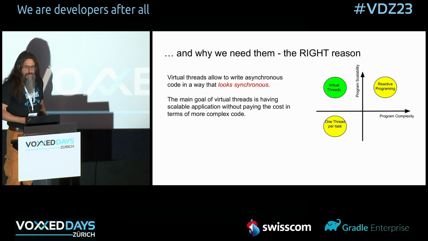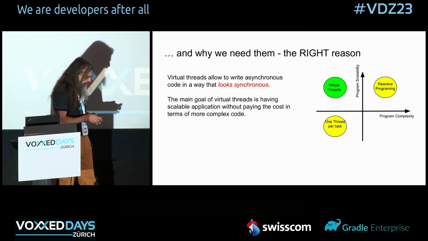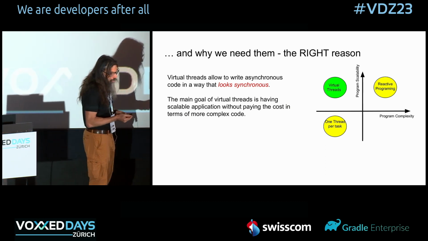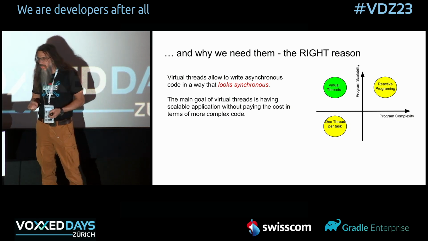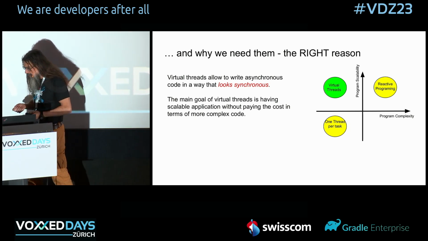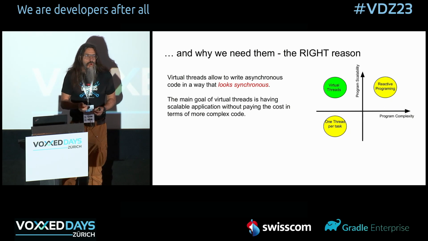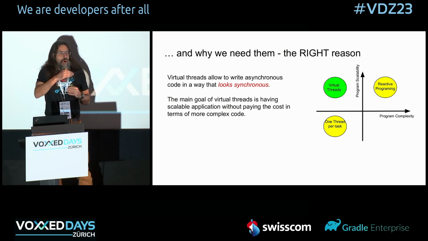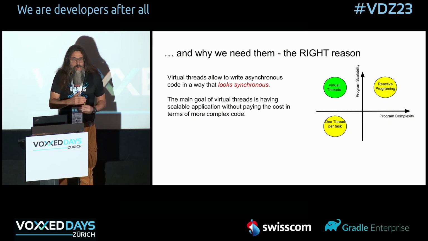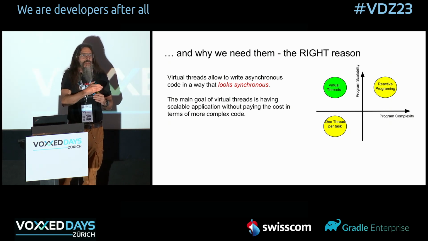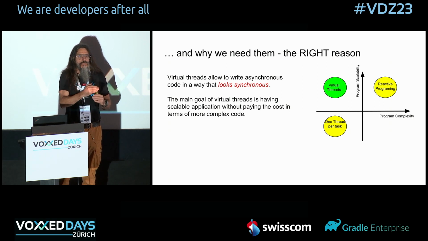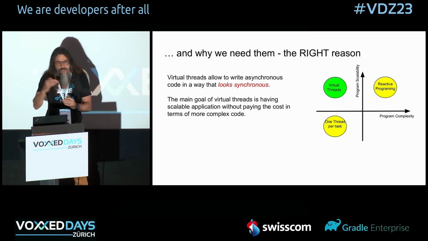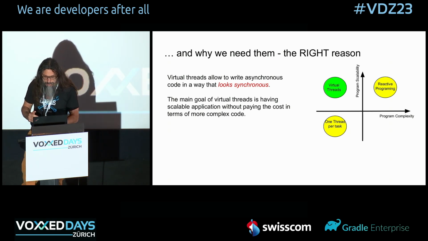Let's figure out why you really want virtual threads. You really want virtual threads because you don't want to waste a scarce resource on a blocking operation while the native thread is not making any progress. The thread is blocked, it's a scarce resource, and no one else can use that same thread.